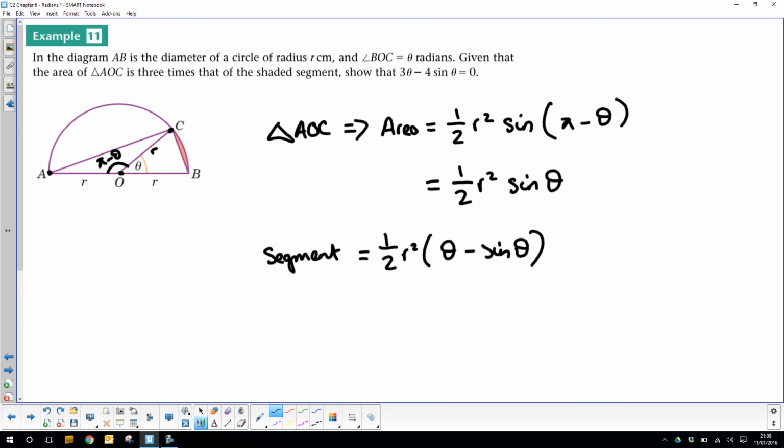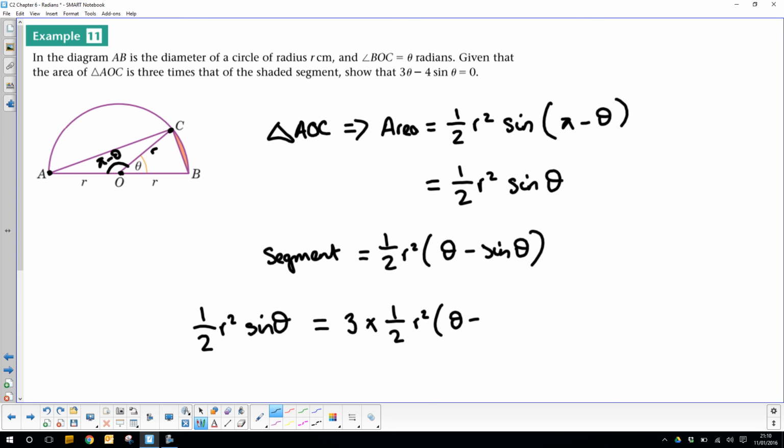So if I multiply the shaded segment by 3, that equals the area of the triangle. So the triangle is a half r squared sine theta, and that is equal to 3 times the segment. So that's 3 times a half r squared, brackets, theta minus sine theta.